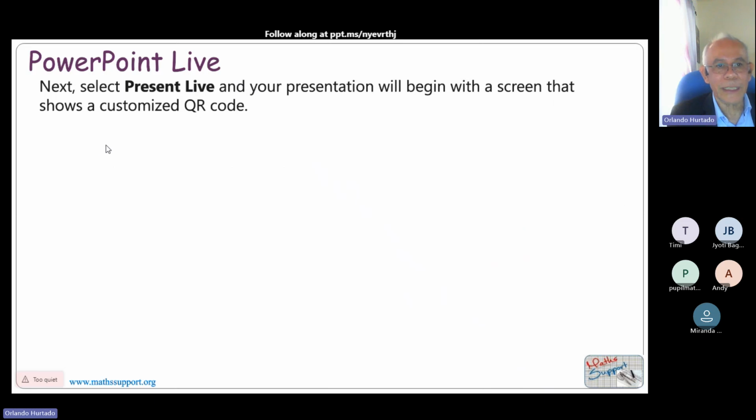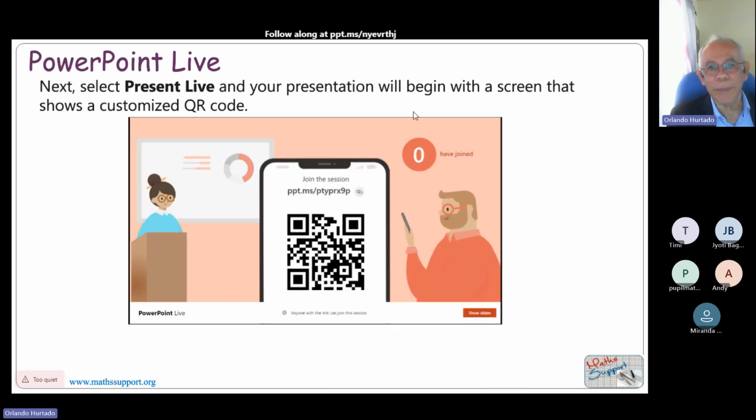Next, you select Present Live, and your presentation will begin with a screen that shows a customized QR code, as when I started my presentation today. The QR code will lead the student to your class, to the lesson that you have prepared for them. You also have the address on top, for students who don't have a QR code reader, so they can type the address on top into their devices.